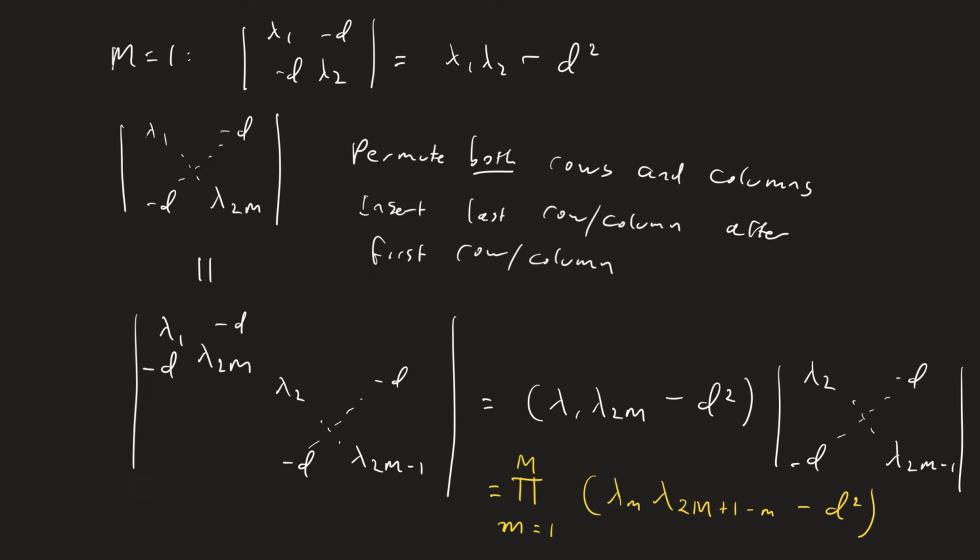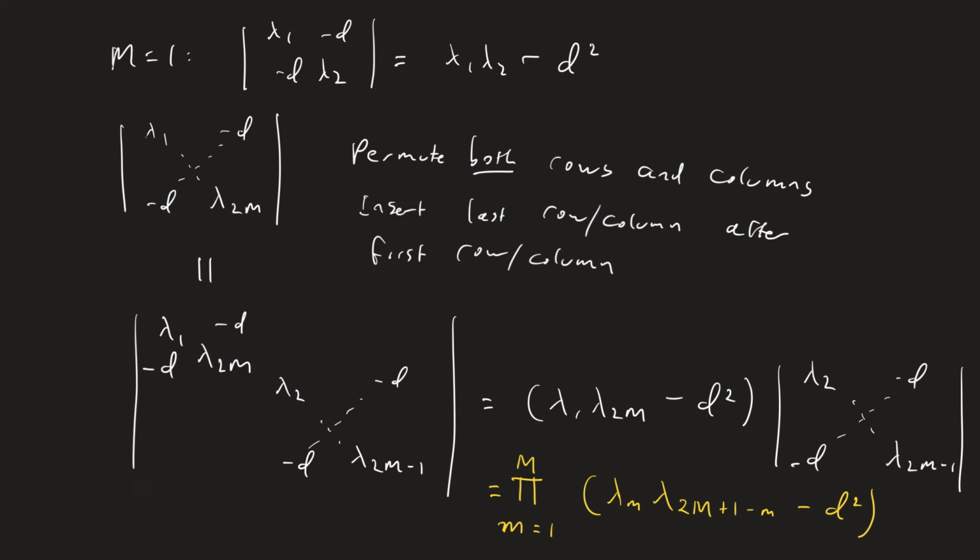So we take the last row and bring it up to be the second row, and take the last column and move it across to be the second column. By doing the same permutation to both rows and columns, we do not change the determinant. Doing that changes this structure into this structure here, where we now have a 2 by 2 block in the upper left corner, and the rest of the matrix is just a smaller version of this.